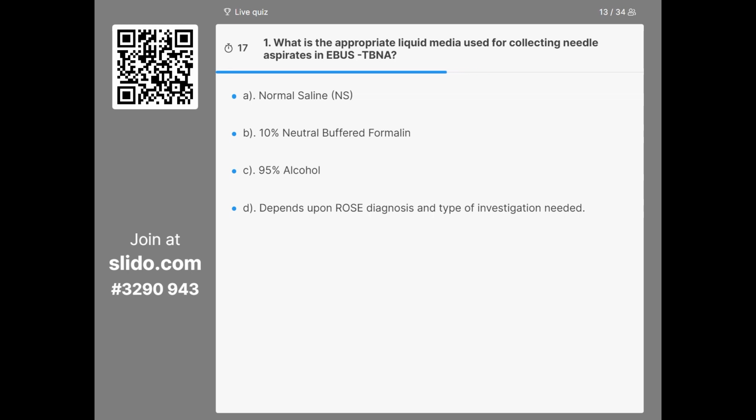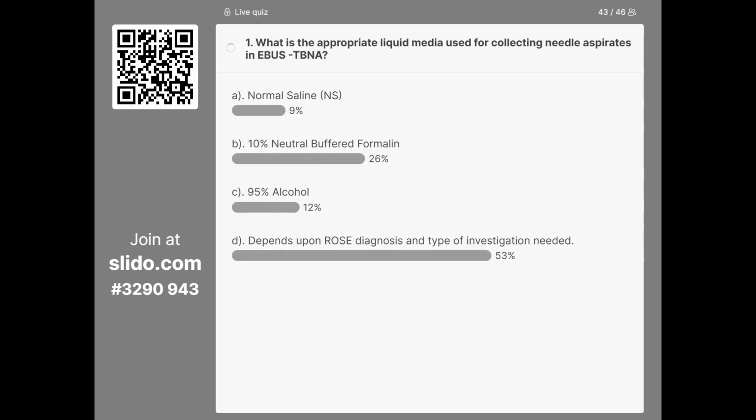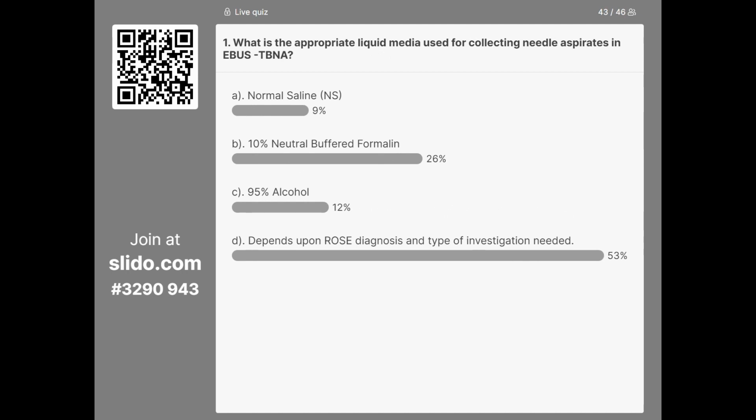It's a pretty simple one, I think. Oh yes, at least 50% of you are right. We need to choose the media in accordance with the investigations which we require.